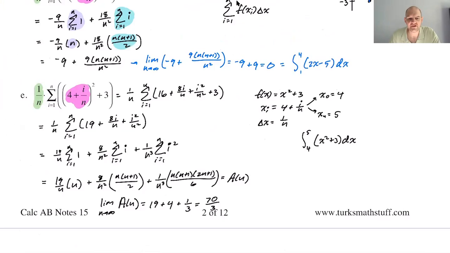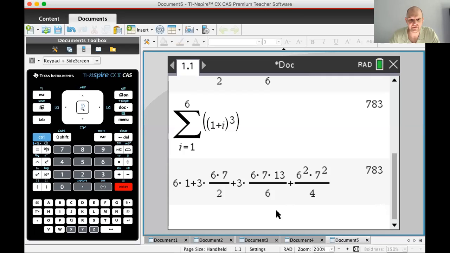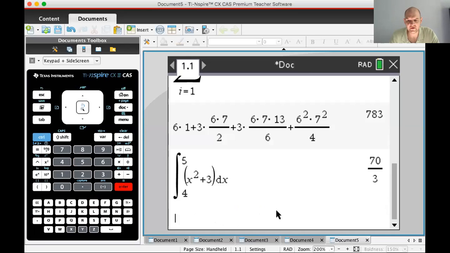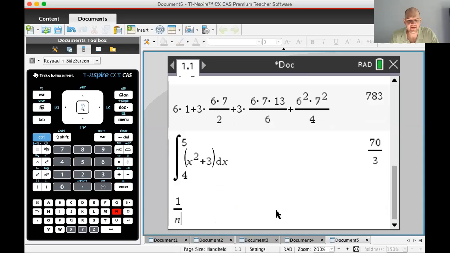So let's switch to a calculator and see what it says. If I do the integral of x squared plus 3, x is the variable going from 4 to 5, I get 70 over 3. Woo! Now let's see what happens with 1 over n.